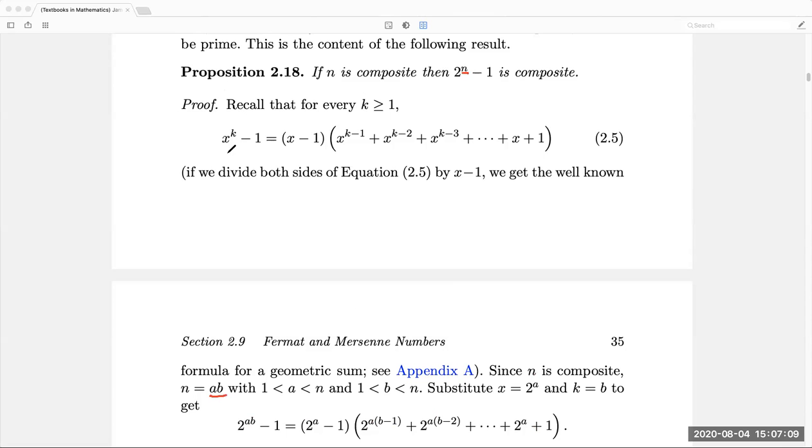So you just substitute that number here, okay? And then you consider x to be 2 to the power a and k to be b. Can you see how to transform this formula to this one?